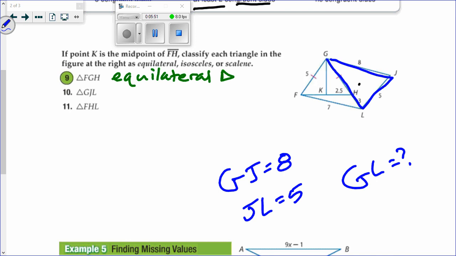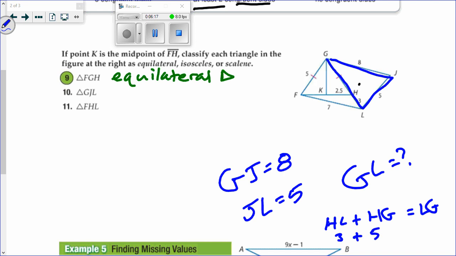Well, we know that LH plus HG is equal to LG. LH is 3. HG is 5 because it's congruent to FG.